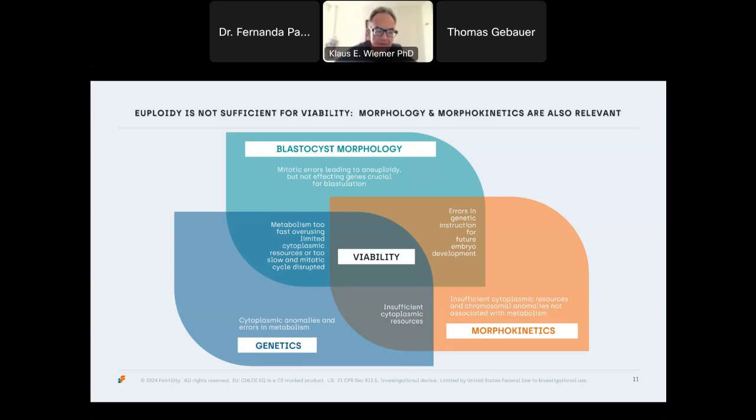It can result in either too slow or too fast. And this is a concept that Henry Leese discussed many years ago. You can have errors in genetic instruction for future embryo development. And then there can be insufficient chromosomal proteins present to help the embryos develop.